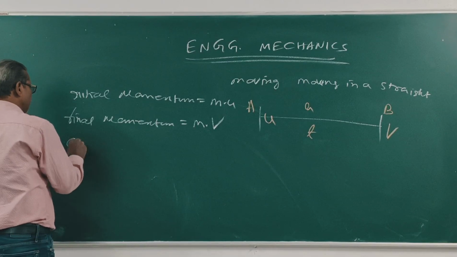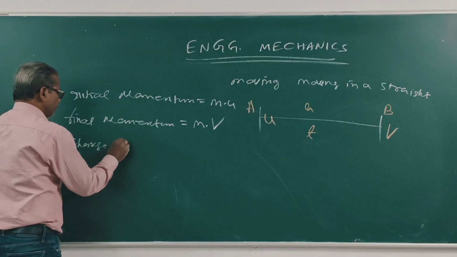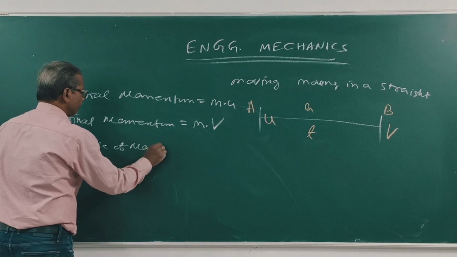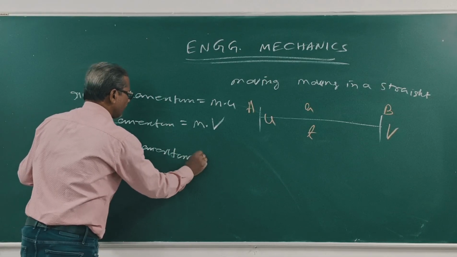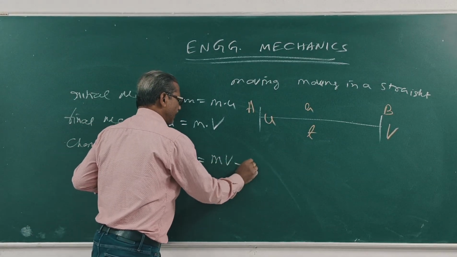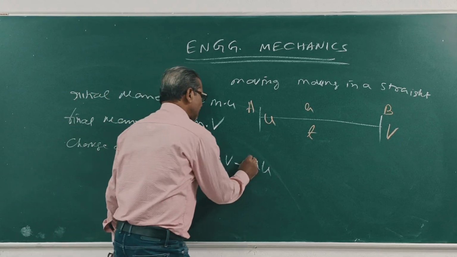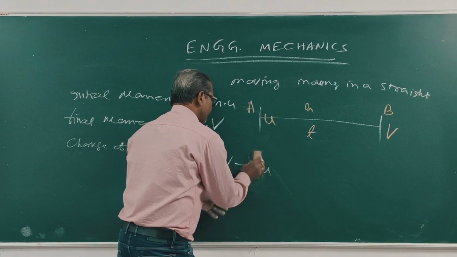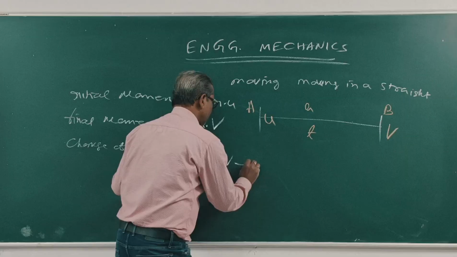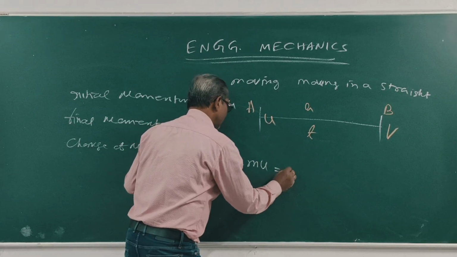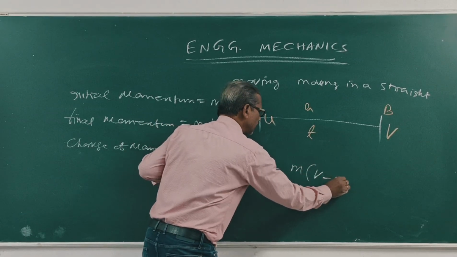Change of momentum is mv minus mu, final momentum minus initial momentum. Right? So m into (v minus u).